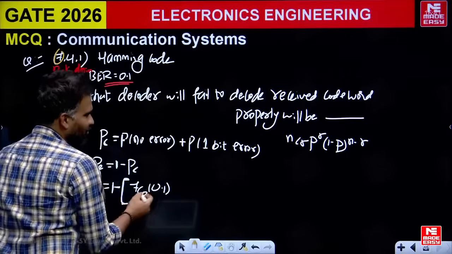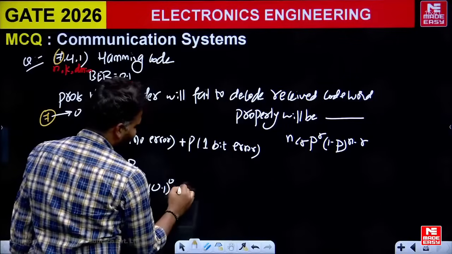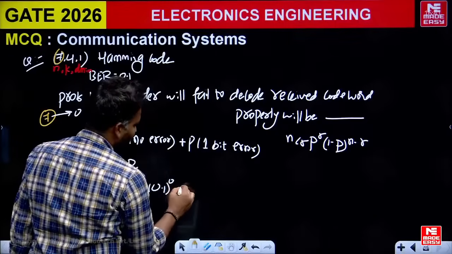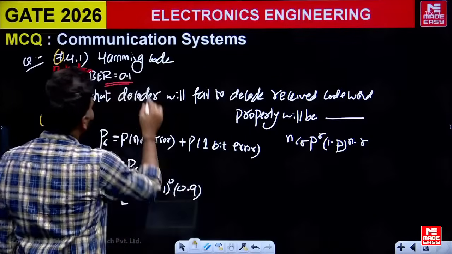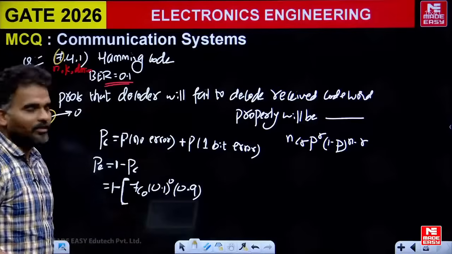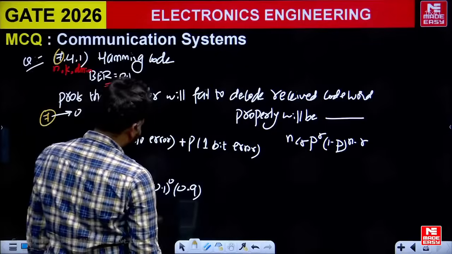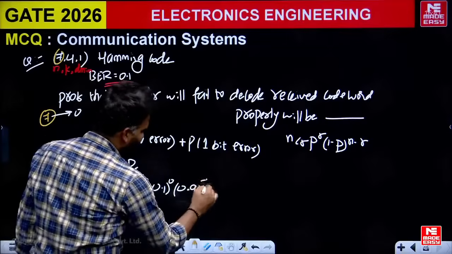So 7C0, 0.1 power 0, and 1 minus p is 0.9, where p is 0.1, the bit error rate. This is n minus r, which is 7.